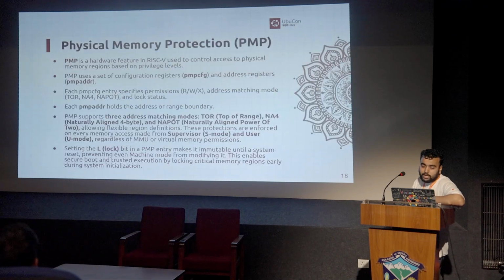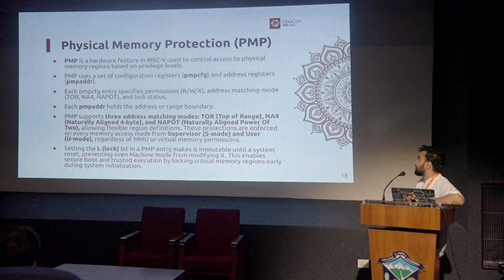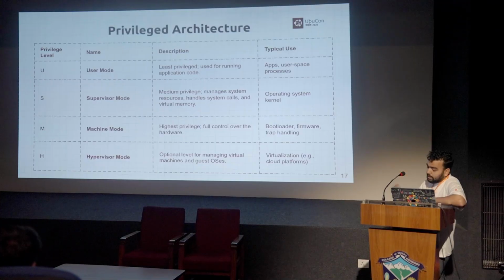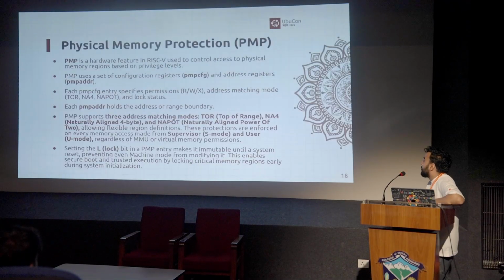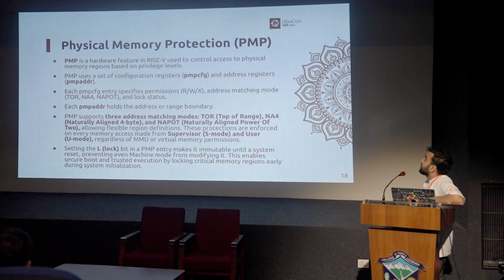So getting on with another feature, we have physical memory protection. PMP is a hardware feature in RISC-V used to control access to physical memory regions based on privilege level. We have just discussed the privilege levels. Based on this, we can control the access to the memory regions on the hardware. It uses a configuration register called PMP-CFG and an address register, PMP-ADR, for delivering the access control to the physical memory regions.